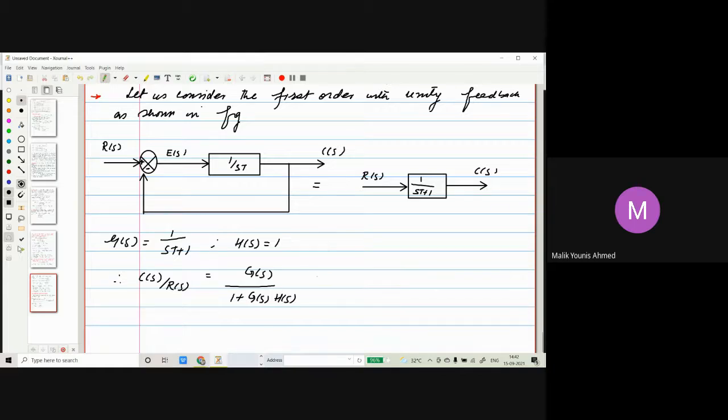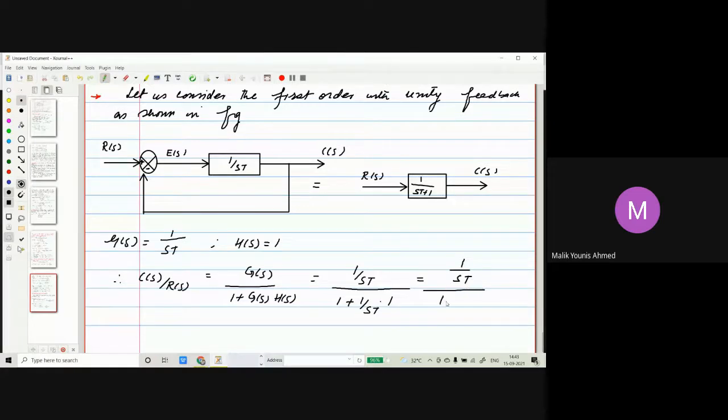So you can substitute this. G(S) is, sorry, not 1 by S plus T, what I am writing, it is 1 by ST. So this is 1 by ST divided by 1 plus 1 by ST multiplied by 1. I am solving this.